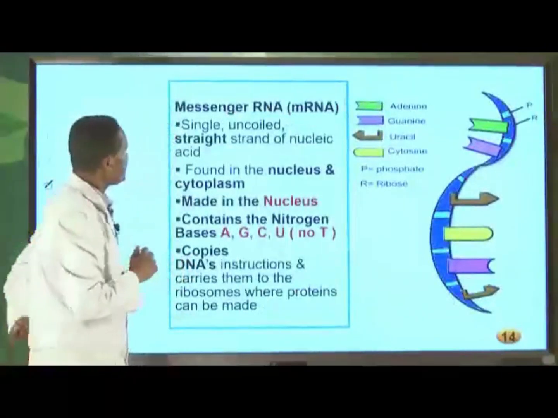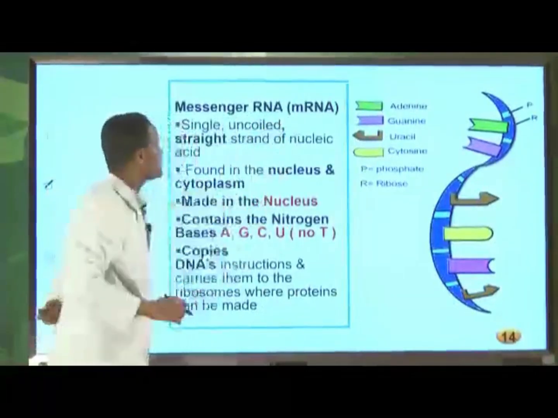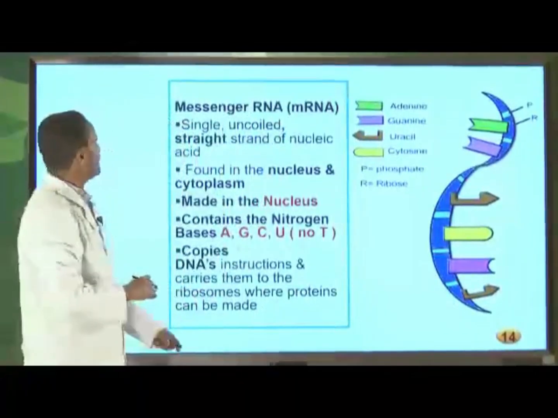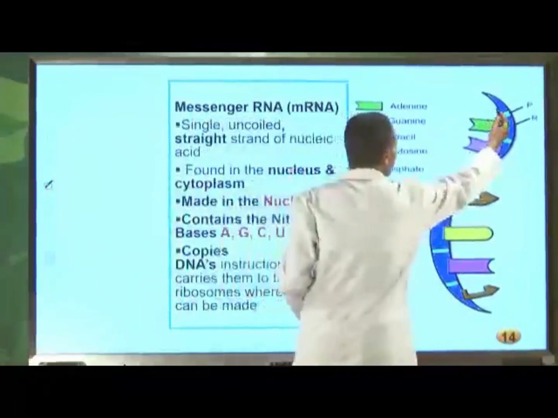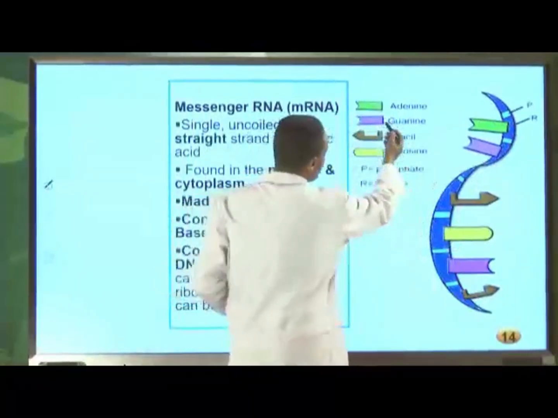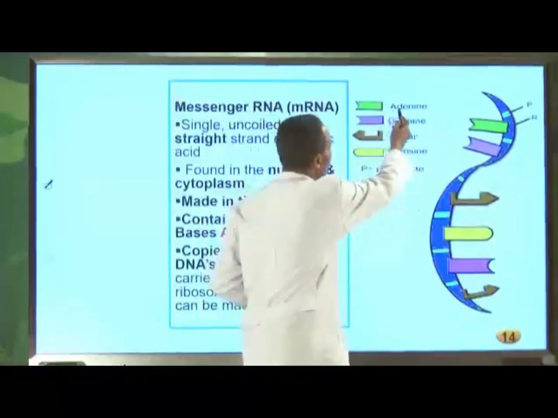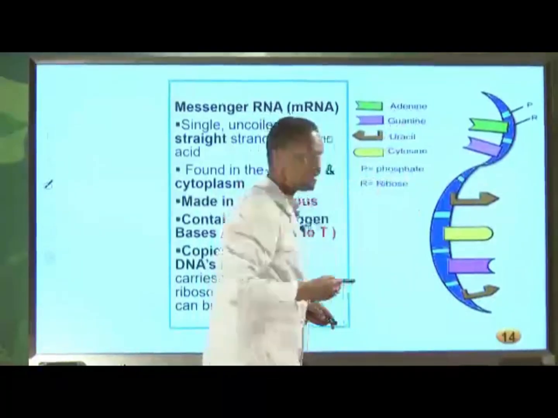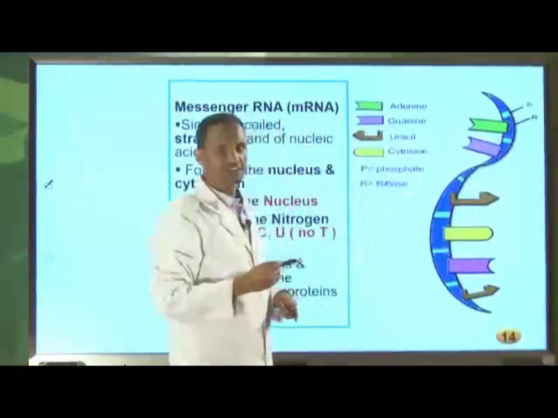The other one is messenger RNA. This is somewhat the structure of messenger RNA. In this RNA, there are nitrogen bases: the green one is adenine, and again guanine.